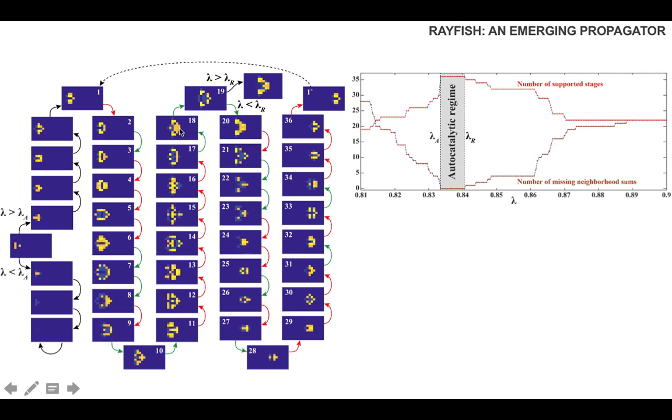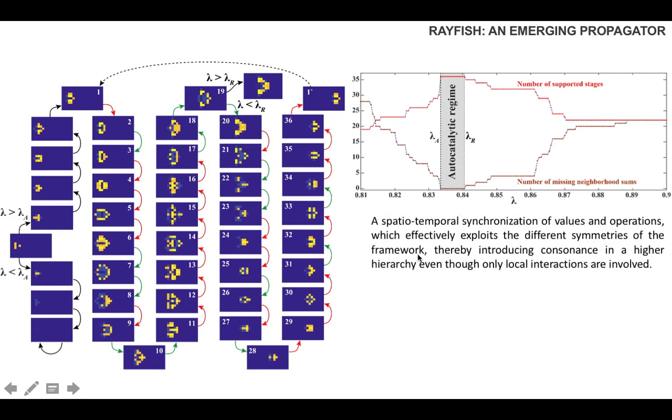You can see there you have 3 lambdas, which makes this nose. If you are below lambda A, nothing like that will happen. And then there is the upper limit lambda R, which is found just like in the RAYFISH case by calculating yet another kind of 11th order polynomial, and the solution is lambda R.